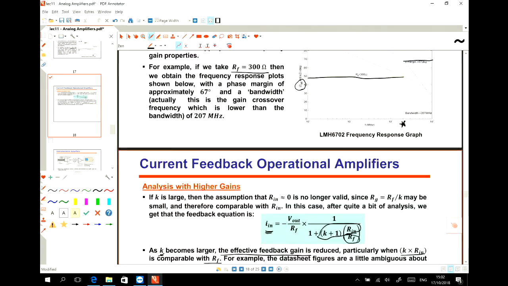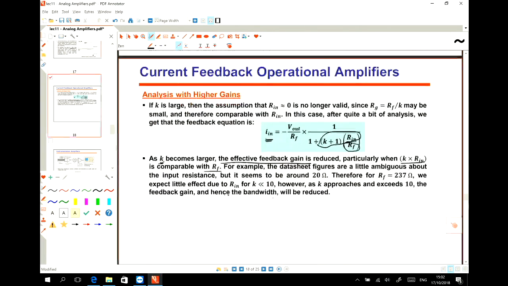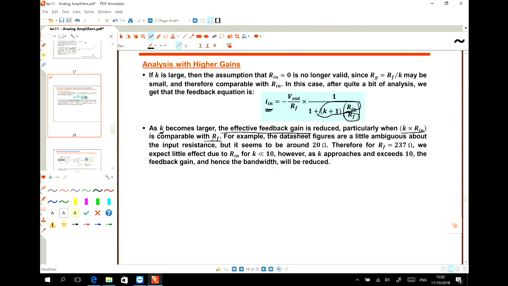In the graph in the data sheet of this IC, if we assume, for example, a small value for the RF, for example 37 ohm, and the input impedance is 20 ohm, then the effect of the Rin is small if K is small.